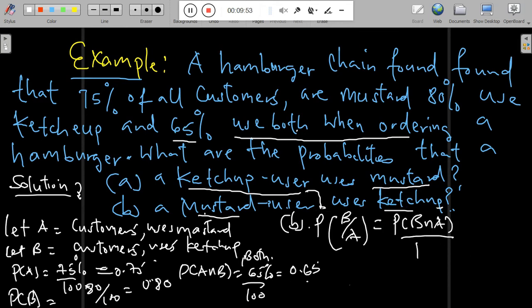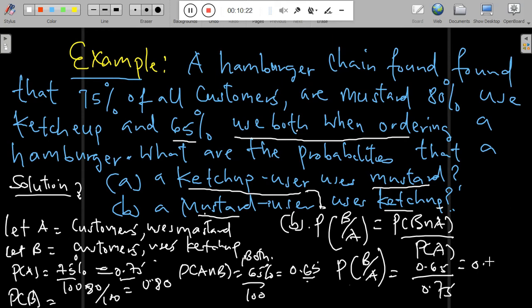For part B, we are required to solve for P(B|A), whereby we find the probability that a mustard user uses ketchup. P(B|A) is equal to 0.65 divided by 0.75, since we have all the data for P(A) and P(B), and you look at the intersection over there.